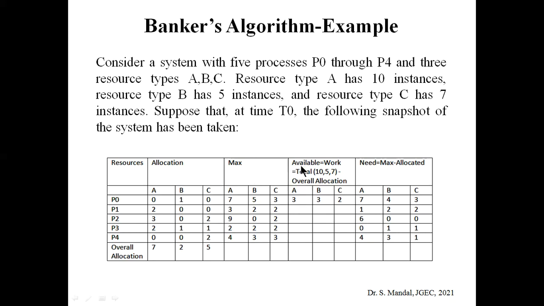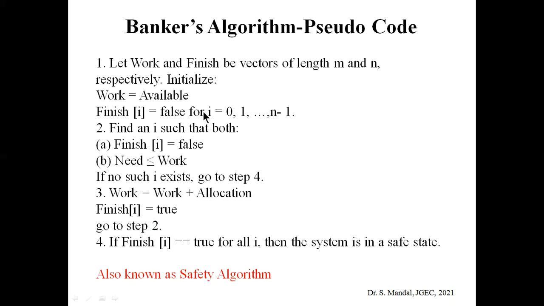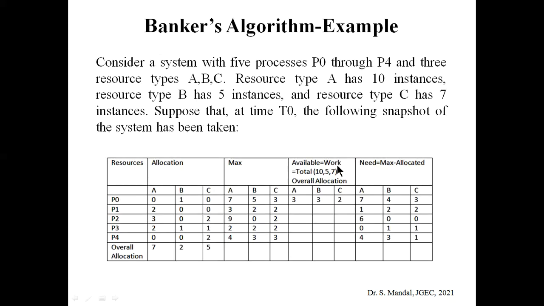Now we want to calculate the available resources, and we define that work equals available. So how can we calculate available or work? We already know that resource type A has 10 instances. Total instances minus allocation is the available to us.